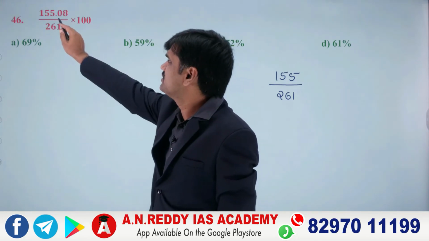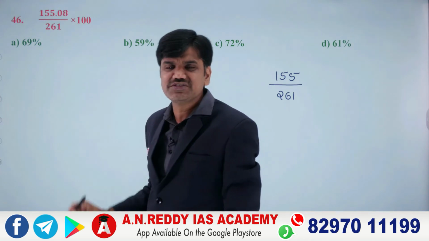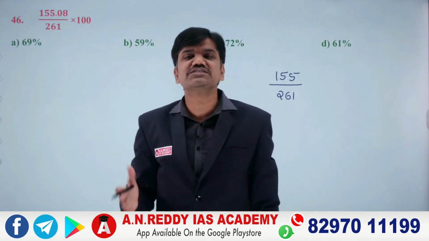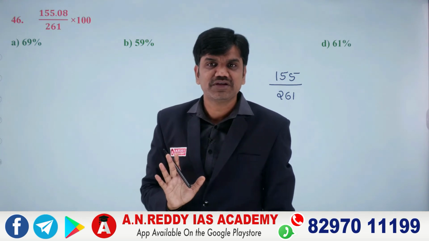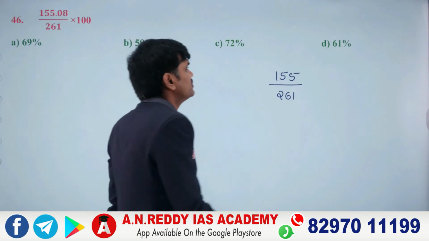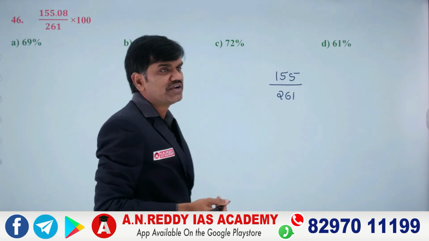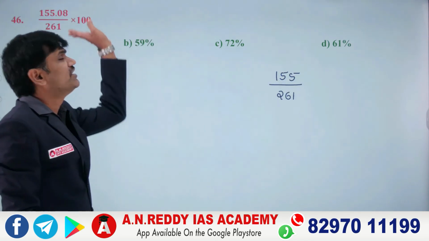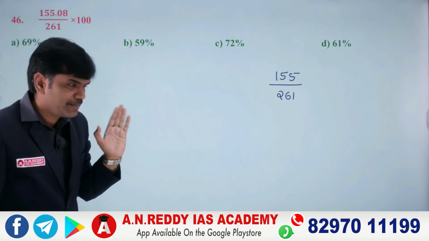So 0.08 I am removing. 0.08 is not even 1% of this one. So whatever I am removing is not even 1%, so it doesn't affect much. Try to understand that. Getting the logic there? So let us now go ahead with the calculation. Even though the options are near here, it doesn't really matter, because whatever I am removing is not even 1%. That's why. Right? Now go ahead.